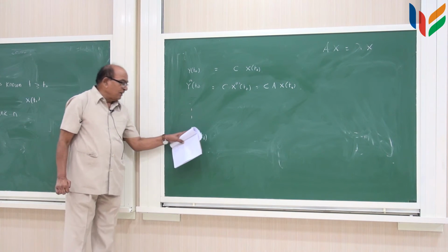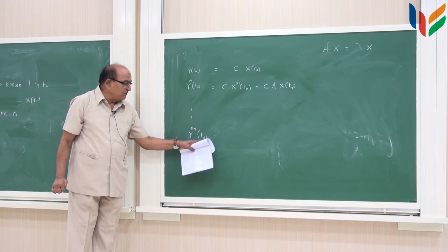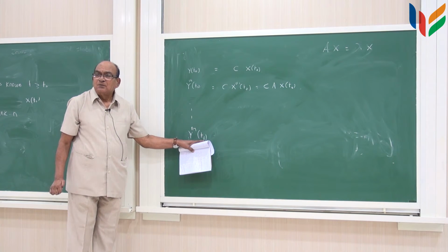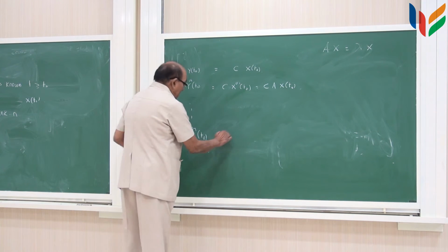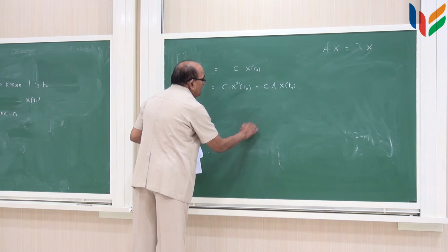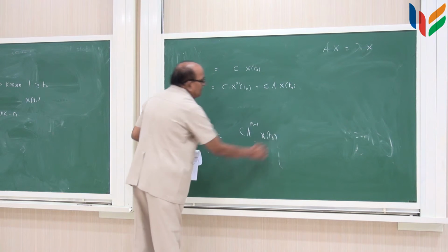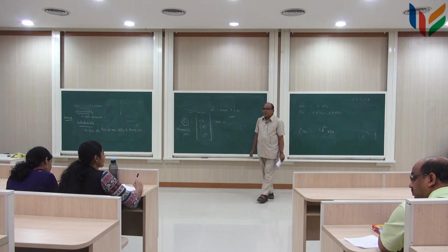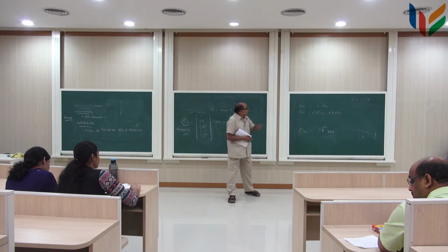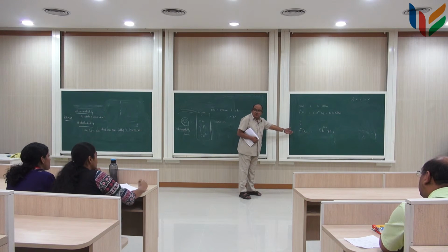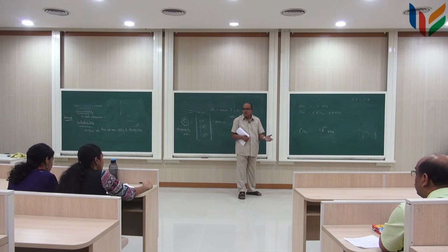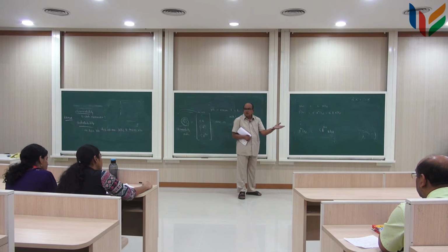That is, the (n minus 1)th derivative of this, evaluated at t equal to t0, comes out to be equal to CA^(n-1) x(t0). Right? All these are known, because y(t) is known. I can take the derivative of y(t) and substitute at t equal to t0.